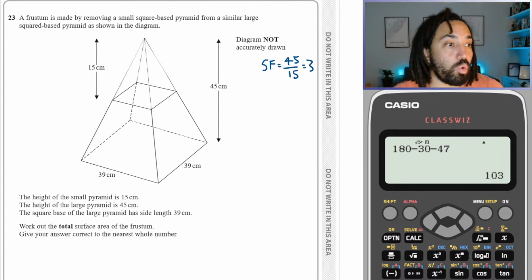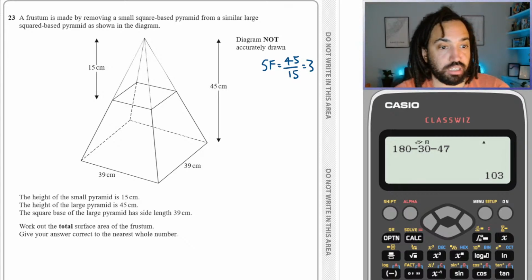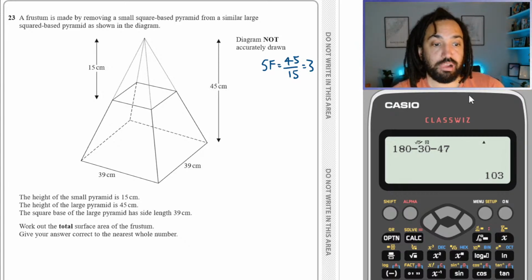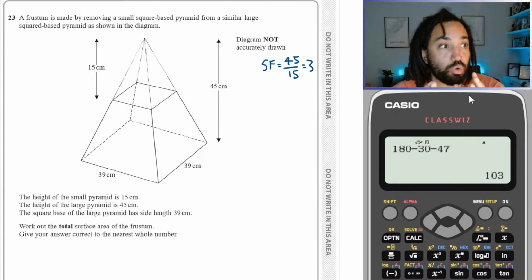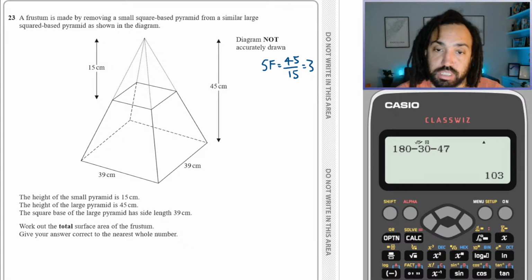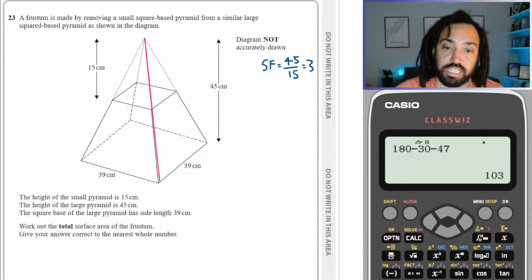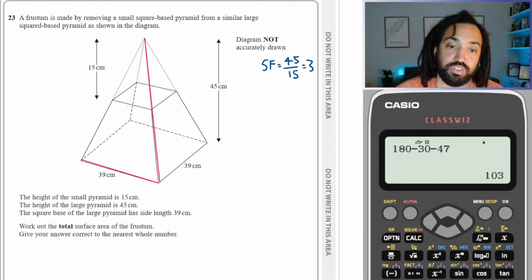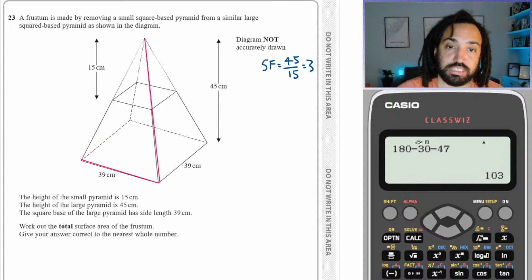So the whole cone is 3 times bigger in length than the small cone which has been chopped off. Now, if I'm going to find the surface area, I'm going to need to find the area of one of these triangular faces. I'm going to have to do that.